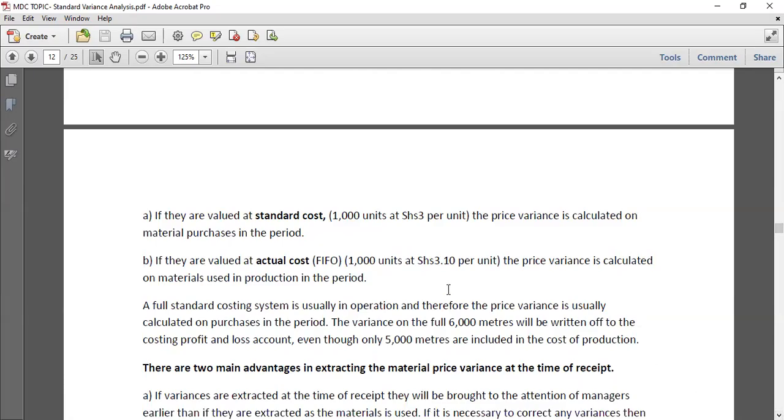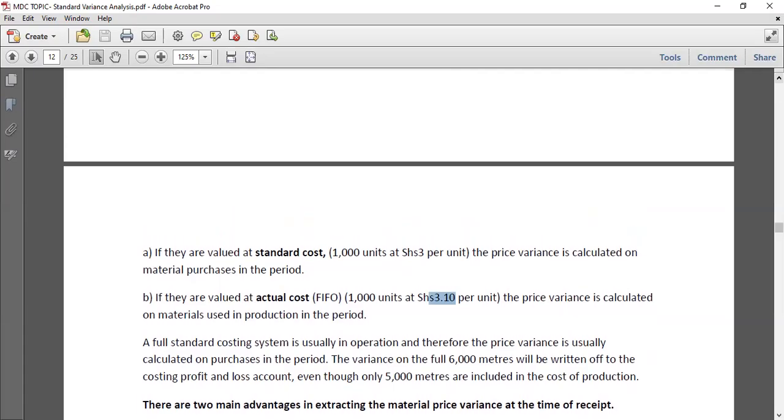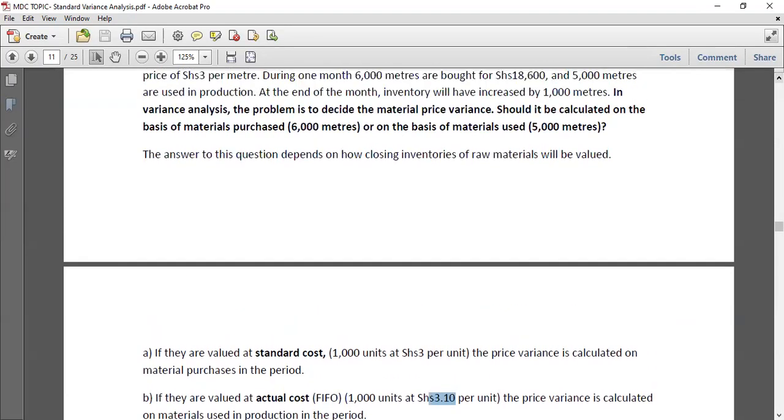So if we value at standard cost, definitely this will be 1,000. Our variance will be 1,000 times 3 shillings. And if we value at actual cost, it will be 1,000 times 3.10. Now, how they determine the 3.10 is right here.